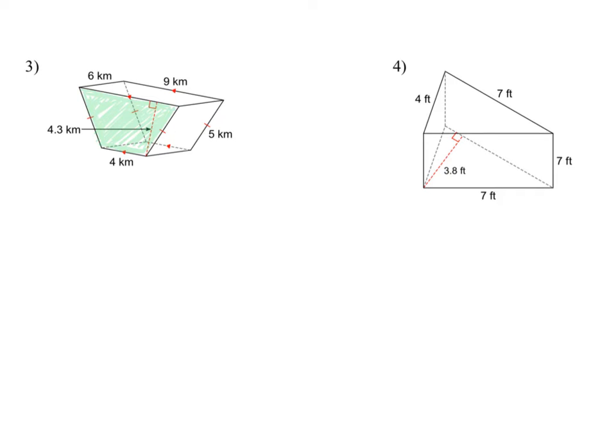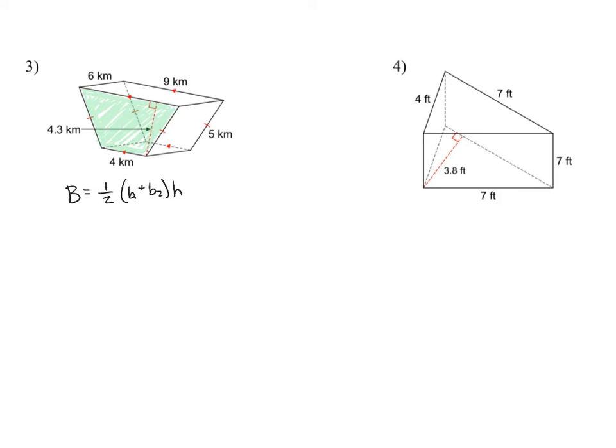So anyways, it's a trapezoid. So our base, and I know it's the base because there's a parallel matching one on the other side. That's how bases work with prisms. So the capital B, the base, is a trapezoid. So I'll use the trapezoid formula: 1/2 little b1 plus little b2 times the height.